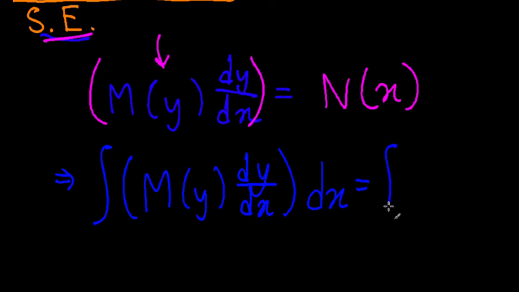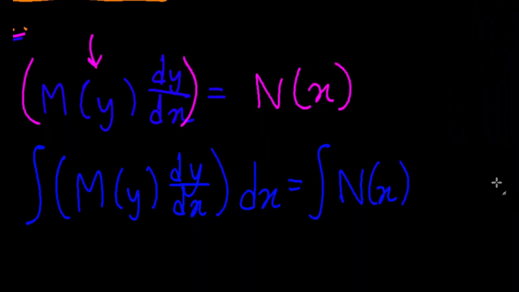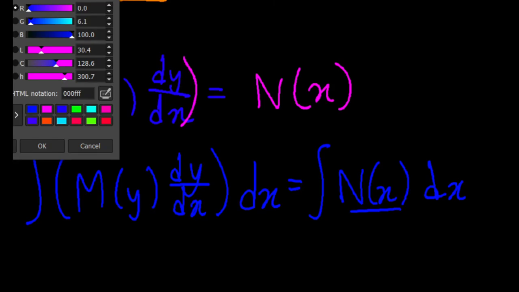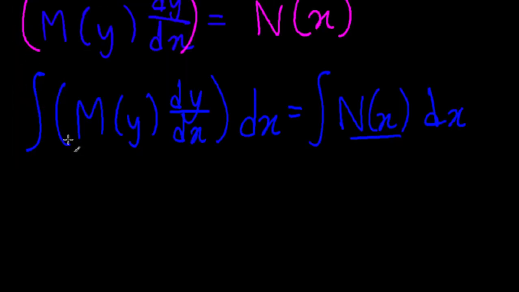Unlike before, we are not doing anything loose here. It's completely valid: since my two expressions are equivalent, I can very easily take the antiderivative of both with respect to x. So this is all fine and well.